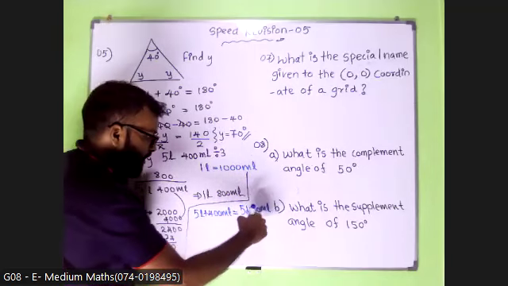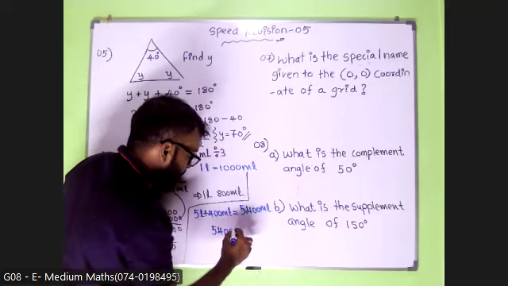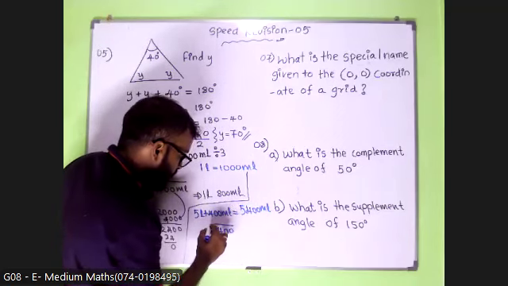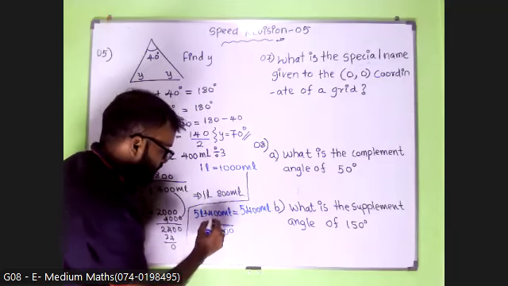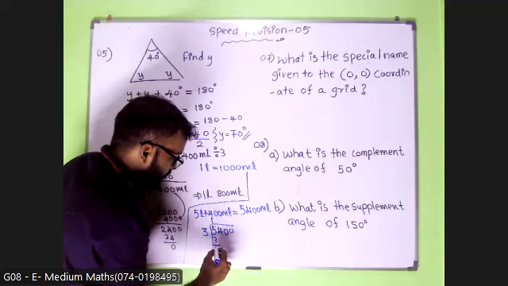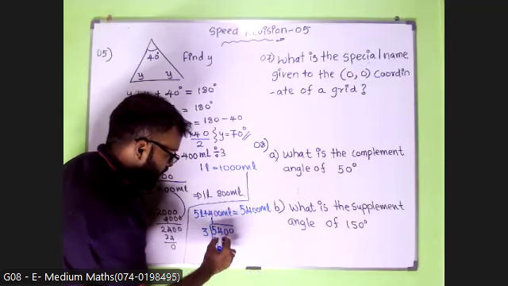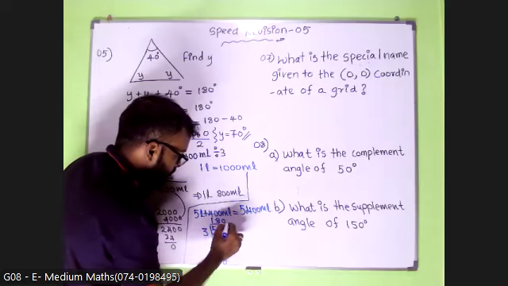So you are going to divide 5400 milliliters by 3. 3 times 1, 3. Then 5 minus 3, 2. Then take this 4 down. 24, 3 times 8, 24. 0, 0, 0.